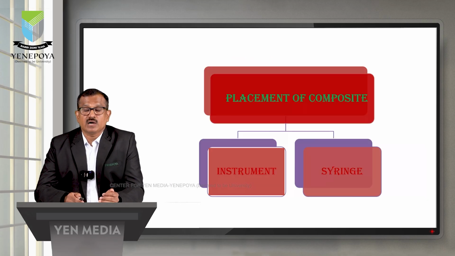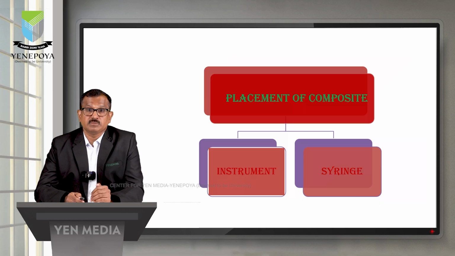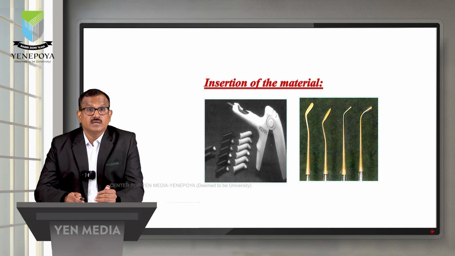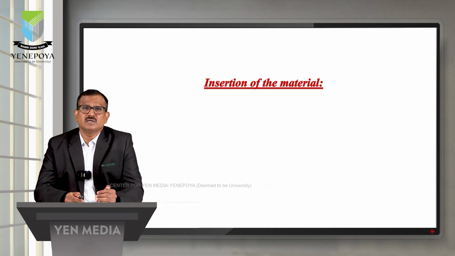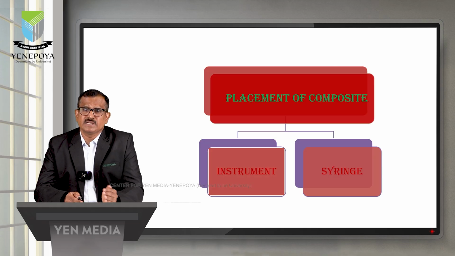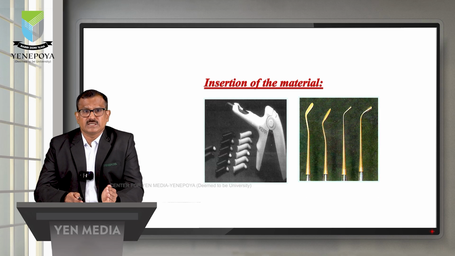So after understanding these things, now let us see how placement technique can be done. We have two techniques: one is with the instrument, and the other is injecting. We have certain syringes available which are injected, and ampules with guns are all available in the market.